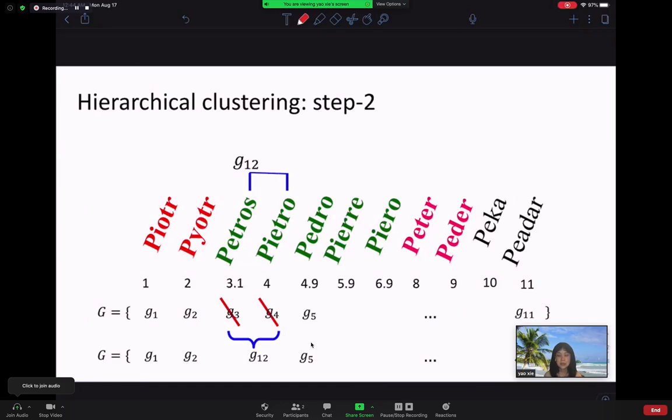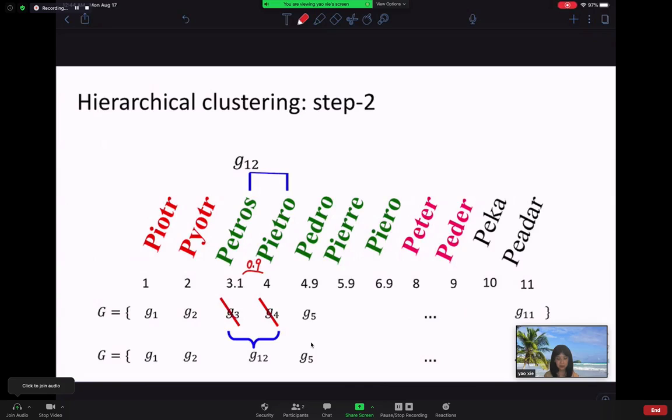And the little d between them is going to be the distance between them, the difference between them. And so in the first round, you're going to examine all the clusters. Each cluster only consists of one string, and you can see which two have the smallest distance. And the distance between these two is only 0.9.